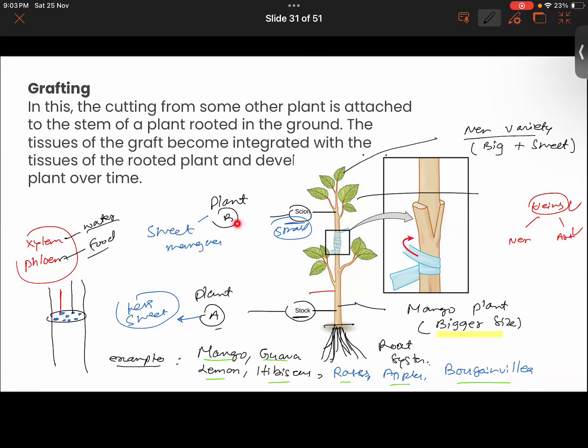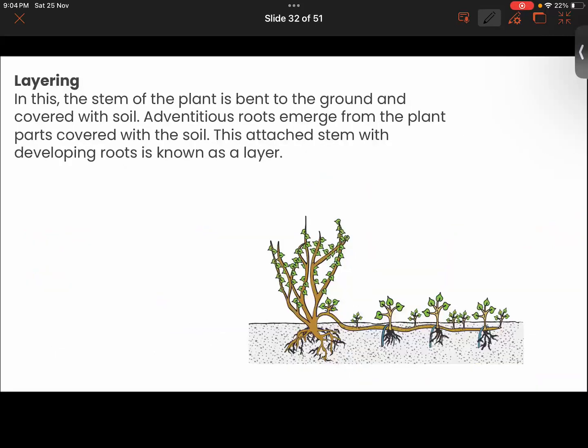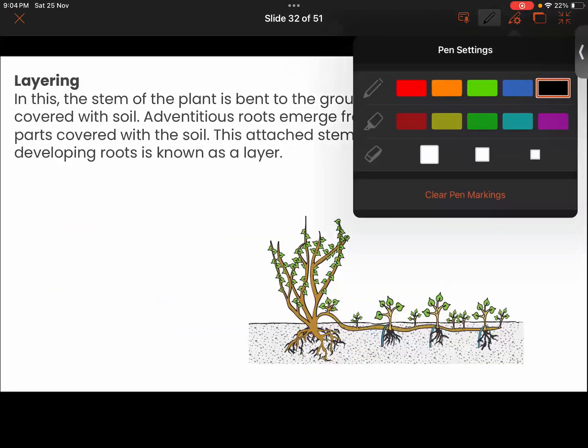So scion and stock will be having different kinds of xylem and phloem. But when I have done grafting, they will be combining together. Hence, due to that, you will get to see fruits of a new variety here.